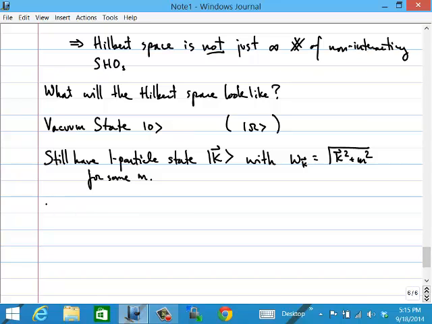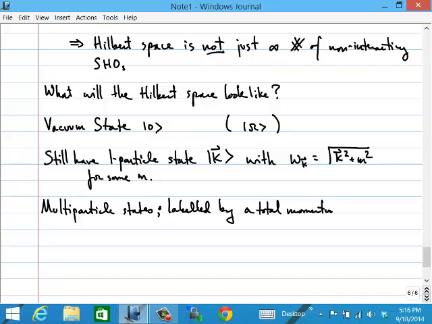And we now expect that there will be multi-particle states. What I would like to do is label those multi-particle states by a total momentum, k, along with some other parameters that I'll call lambda.